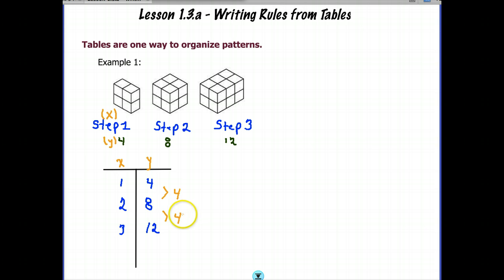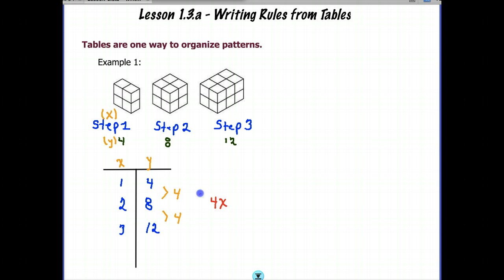That's a constant change, which means that it's a linear pattern. So we can write an expression to represent that. If x represents what step we're on, then if we multiply x by 4, because we grew by 4 each time, that will tell us how many blocks we have in each step.